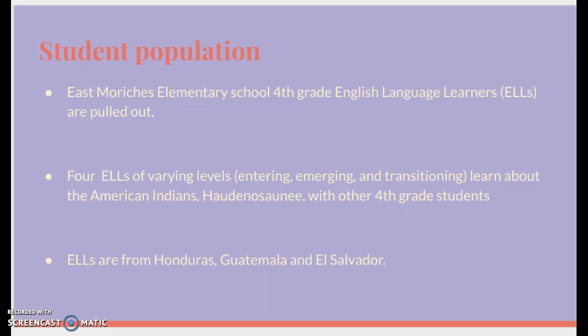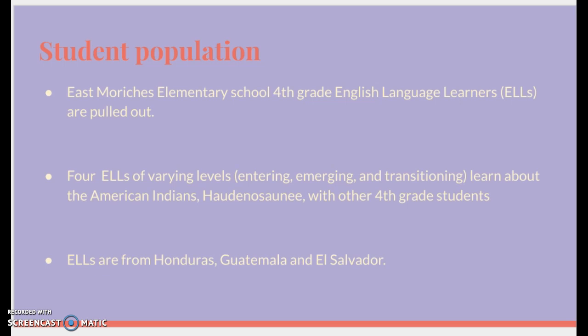The student population that we worked with is at East Merchants Elementary School, 4th grade English language learners. It's a pull-out group, 1 period a day. 4 ELs of varying levels studying about American Indians, Haudenosaunee, and for the most part, they are with other 4th grade students all day, so they really only get 1 period of a pull-out.